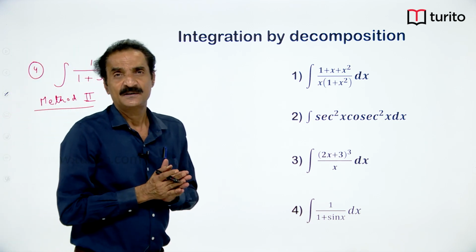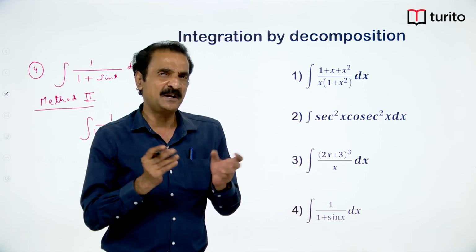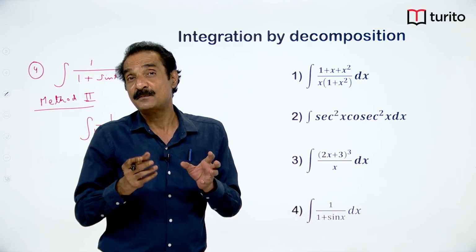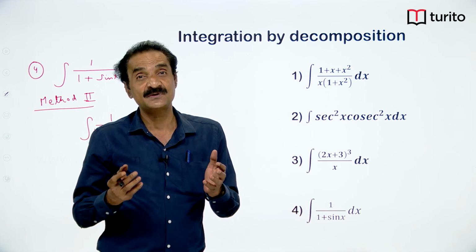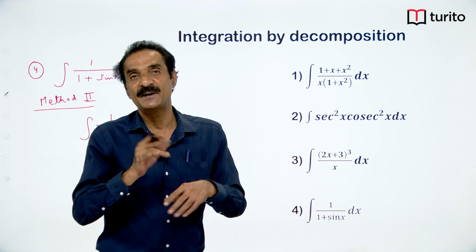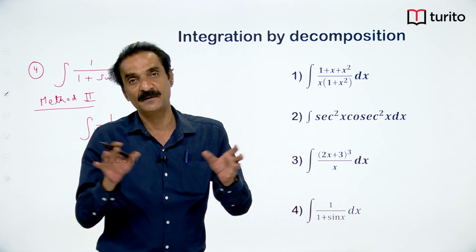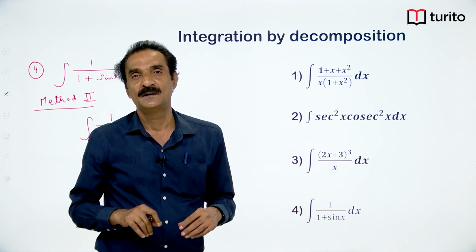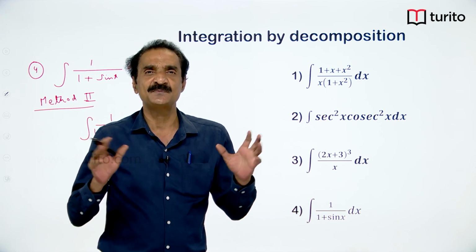Particularly in integration, there will be 2 or more methods for many problems. Unless you learn all the methods, you will not be able to solve some questions. Some more than one correct answer type questions cannot be solved without knowing all the methods, because he might integrate it in different ways, and all the 4 options may be correct. So, that is why we need to learn as many methods as possible.